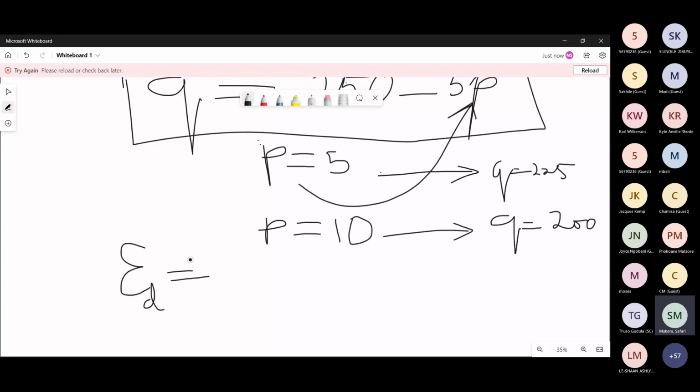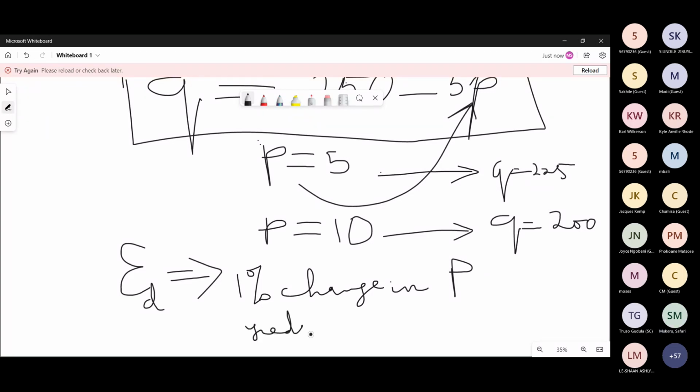This implies a 1% change, by change I mean increase or decrease, in P, yields which percent change in Q?